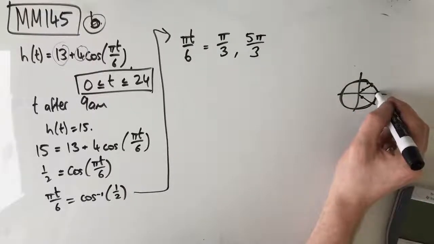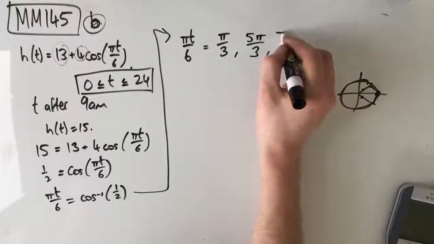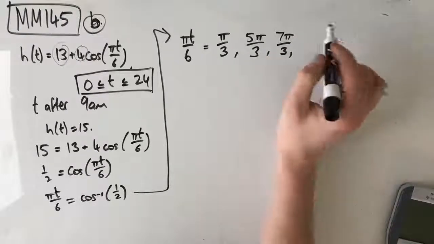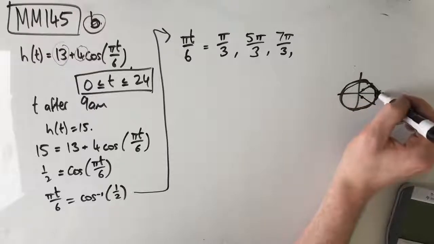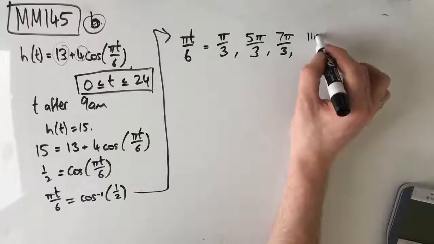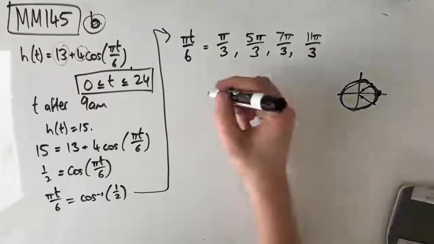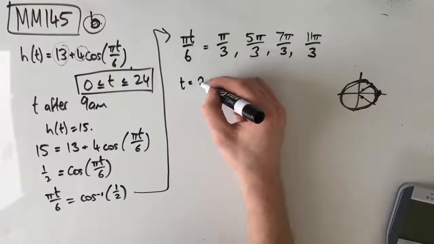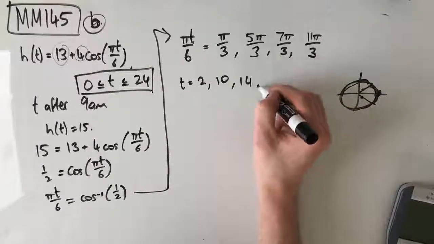Then another one, 2 pi plus pi on 3, which is 7 pi on 3. And all the way around again to 4 pi minus pi on 3, which is 11 pi on 3. Now rearranging these, we get t equals 2, 10, 14, and 22.